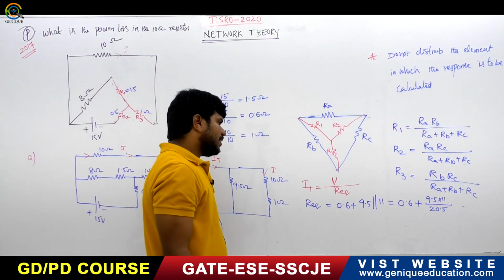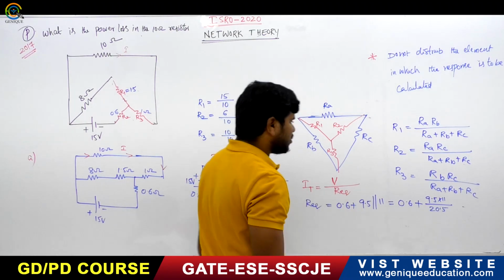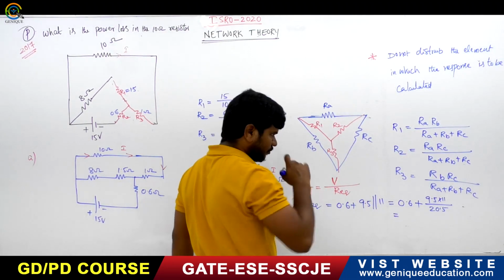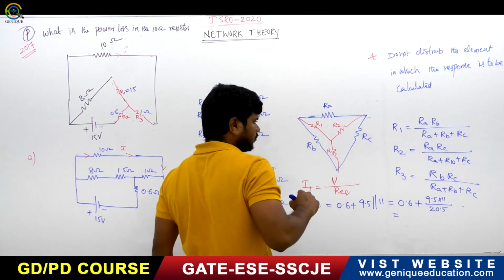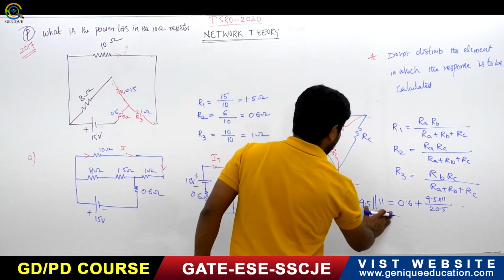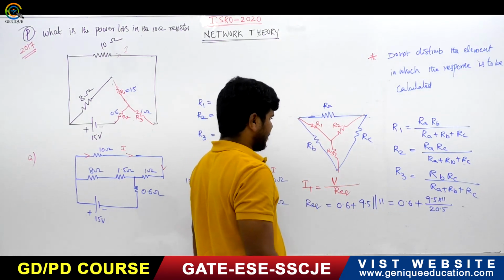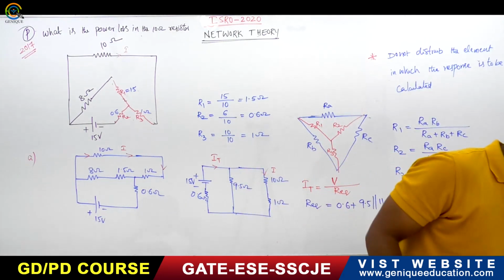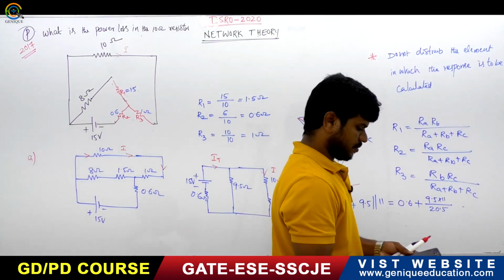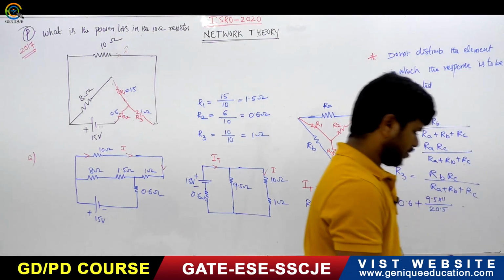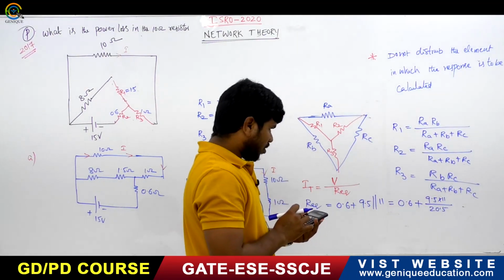So if you simplify this and put it in this, so this will be equal to how much?